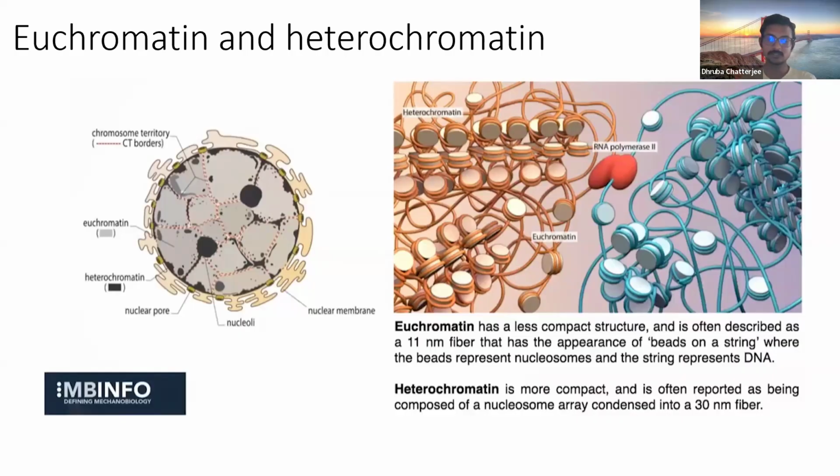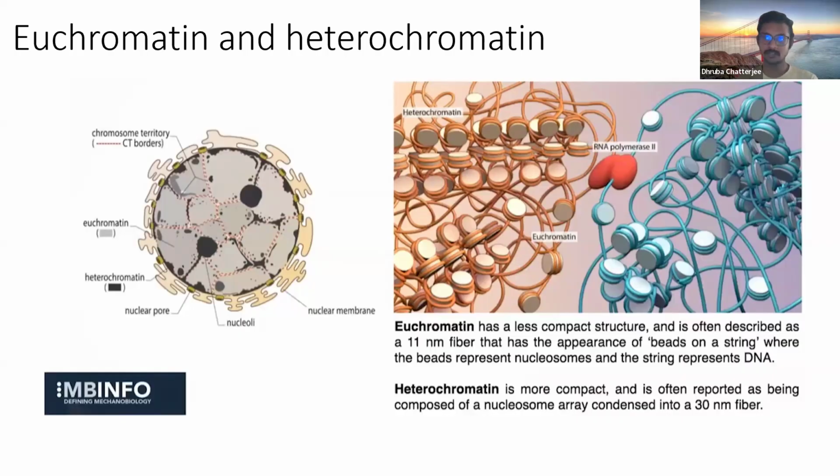Or you can think of it this way: several enzymes unpack some sections of this chromatin to allow accessibility to the transcription machineries that facilitate them to get expressed a bit more. And this section of the chromatin is called the euchromatin.